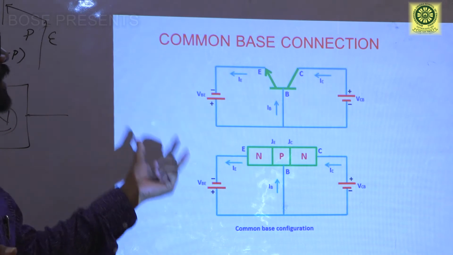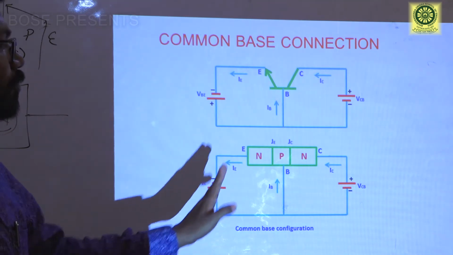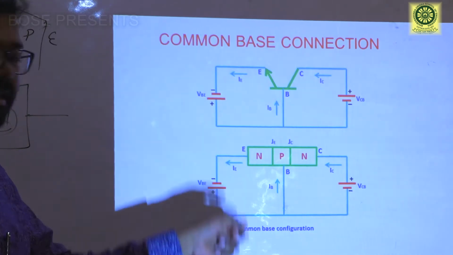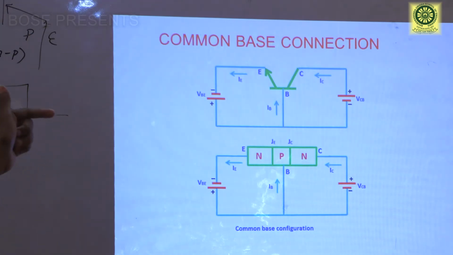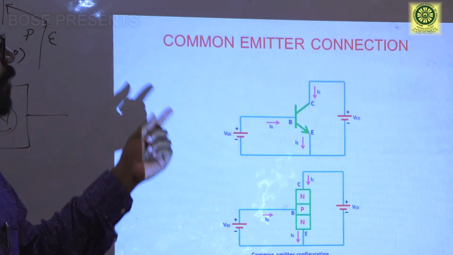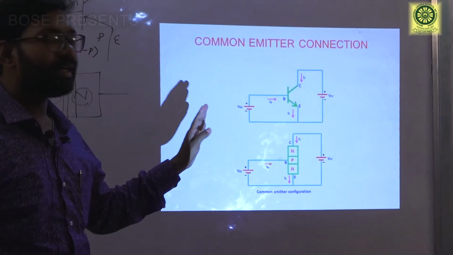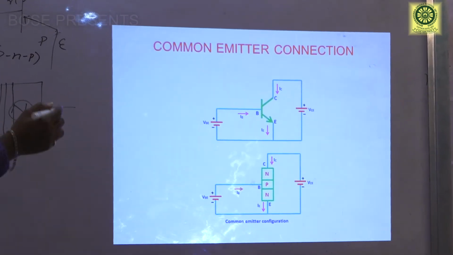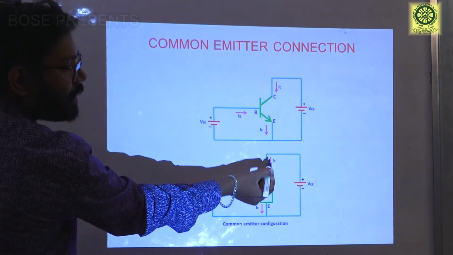Whichever terminal we are making common, we have to place it below, towards downward. So this is the common base configuration. Next one is common emitter connection. In this case I make the emitter common, so I place it downward.